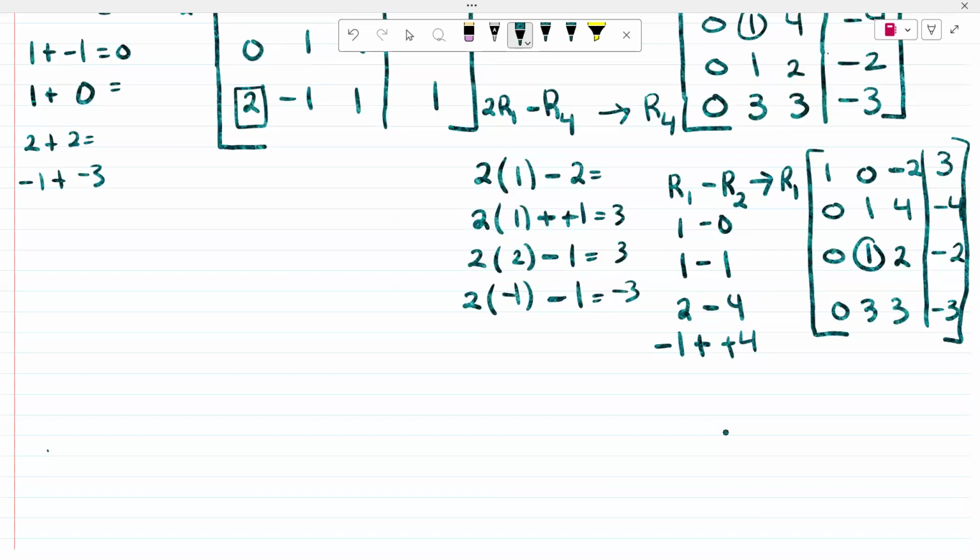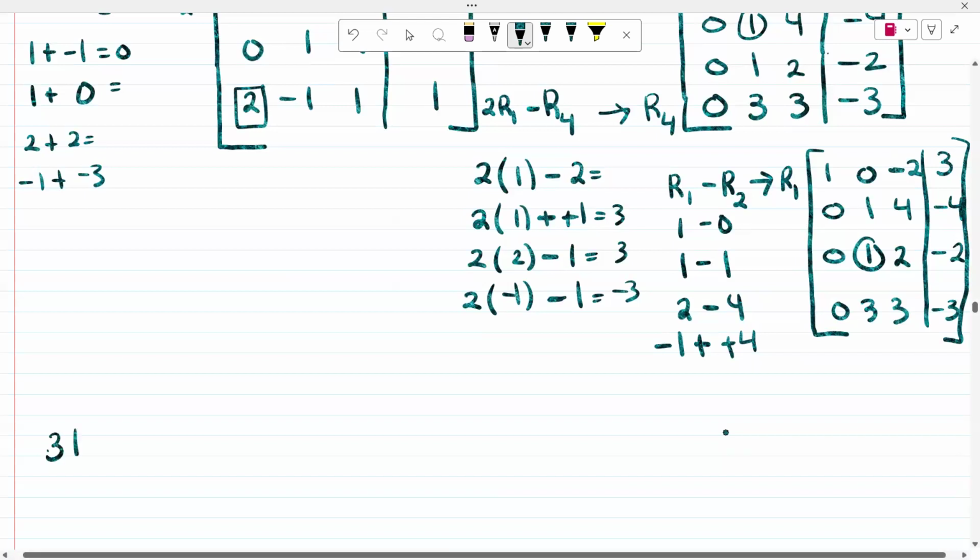But in my notes, what I did was multiply row 3 by 3, minus row 4. It's probably more work than subtracting row 2 minus row 3, but I don't want to make a mistake, so I'm just going to do what I did in my notes. But on your work, you could just do what I just said.